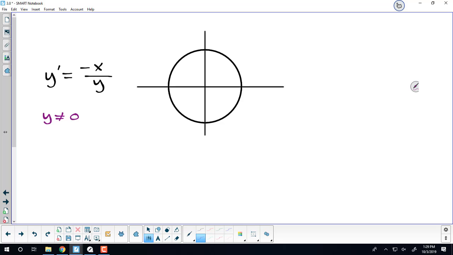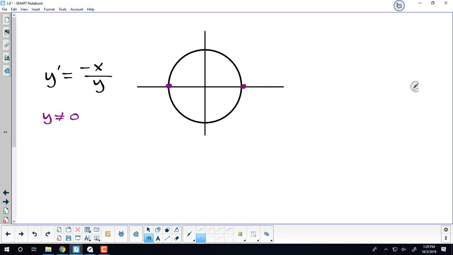But what happens in that sense? If y is 0, where are you on the unit circle? On the x-axis, right? It's an x-intercept. So the x-intercepts of the unit circle are here and here. What's the slope of the tangent line at those 2 points, based off of this? Infinity. It's not defined, right?